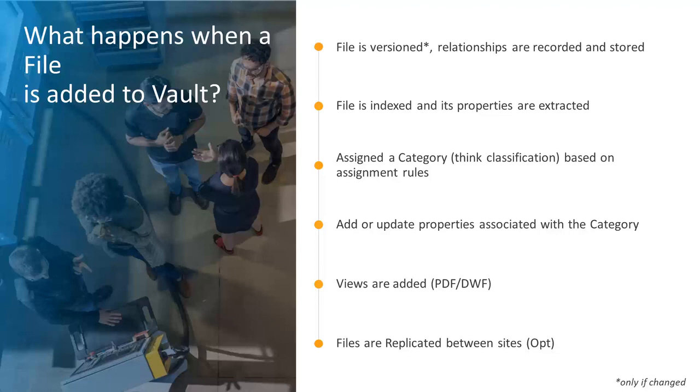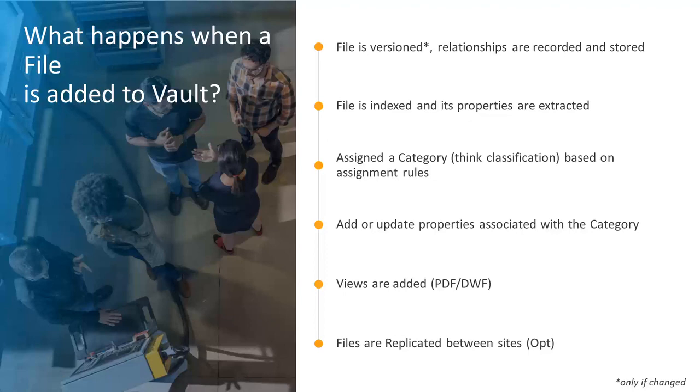Indexing and property extraction is also key. It's how we find data later. The file is classified by a category. Now it knows how to behave. Properties are updated. And this is how Vault helps keep everything in line.